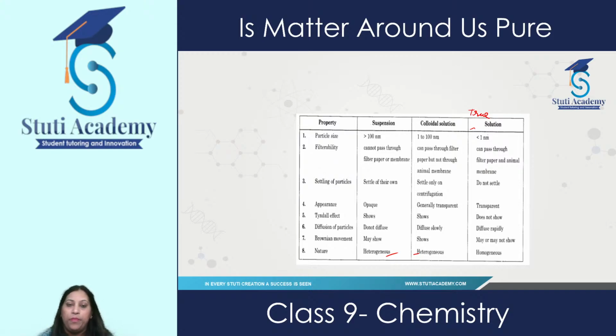These are the properties on the basis of which we can easily differentiate these three different types of solutions, which are suspension, colloidal, and true solution. So in exam, a question can come on the basis of their properties. You can easily differentiate them, or sometimes a question can come on a particular property, so you have to mention that property only.